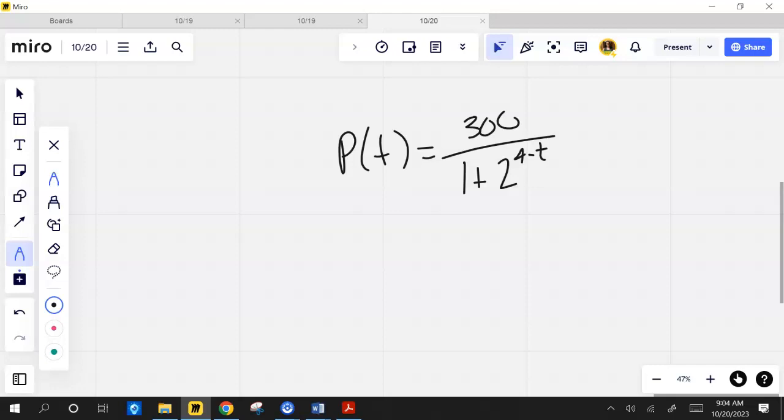It's one of your homework problems, by the way. Where P of T is the total number of students who have heard the rumor T days after the rumor first started to spread. This is actual scientific evidence. This is a true problem. They studied this.